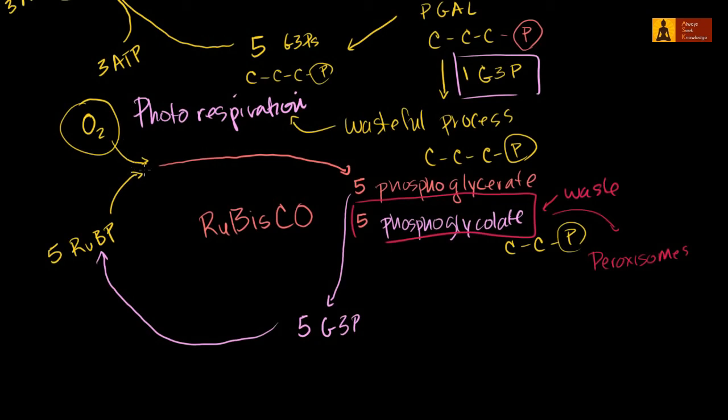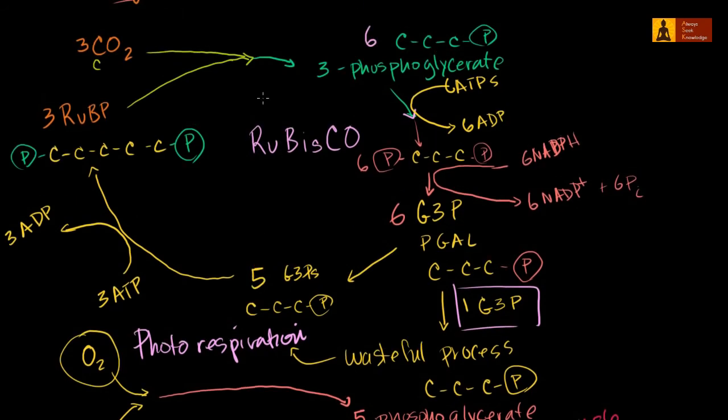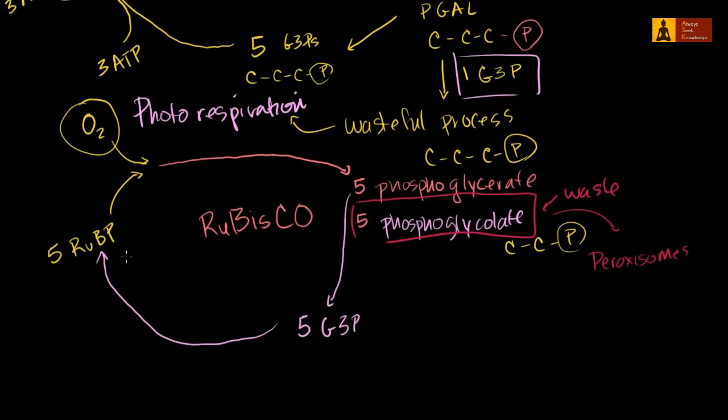So who knows? But it's an interesting idea that you have this one enzyme that can react with ribulose biphosphate and carbon dioxide, and if that happens, we just get our regular Calvin cycle. Or it can react with ribulose biphosphate and oxygen, and fix oxygen into these two molecules, especially the phosphoglycolate, which we think is a waste compound.